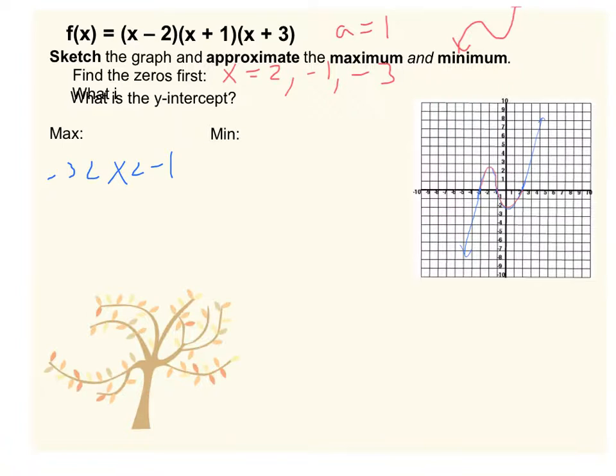Because what I'm going to do now is make a table and use guess and check with this cubic function. But I would know from here that the smallest possible point I should start checking would be negative 2.9.